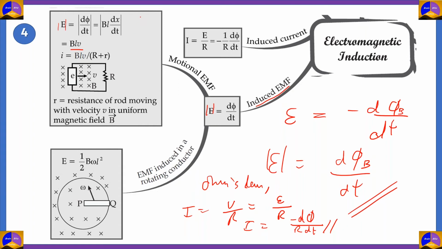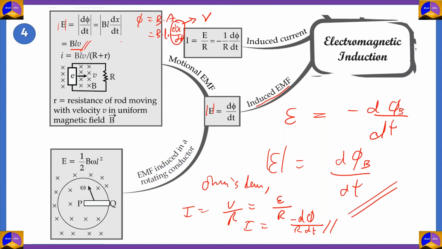And since the magnetic flux is B dot A, it'll be B dot L dot the change in x, so it'll be dx by dt. And dx by dt, change in position with respect to time, gives you velocity. So therefore, the motional EMF, E, has the formula BLV.